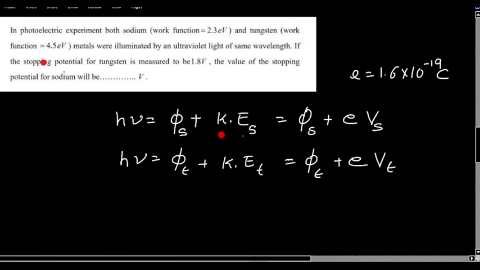When we equate these two expressions, there is one unknown. For the tungsten the values are already given, the sodium case they are asking. If we equate this, you will get the value simply.